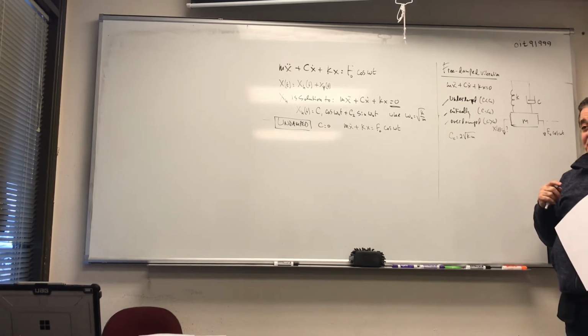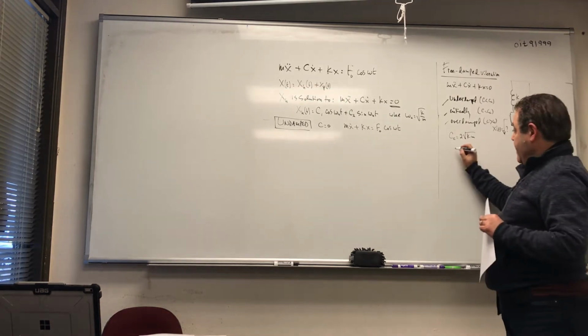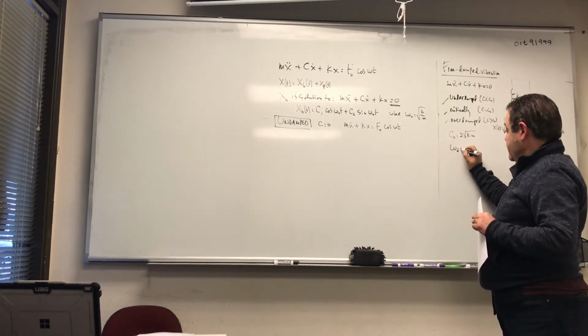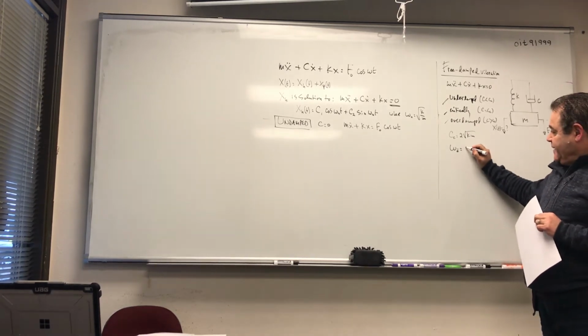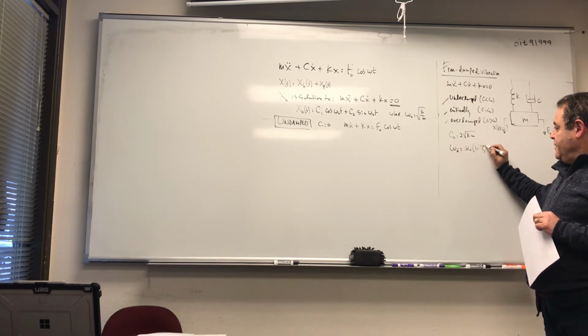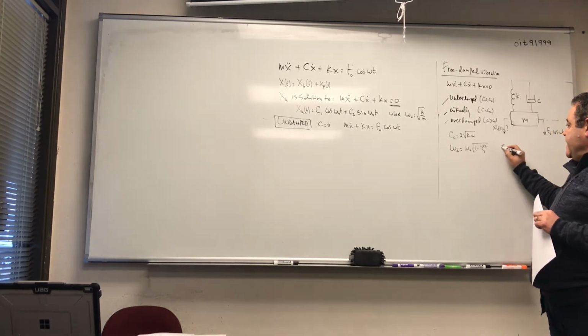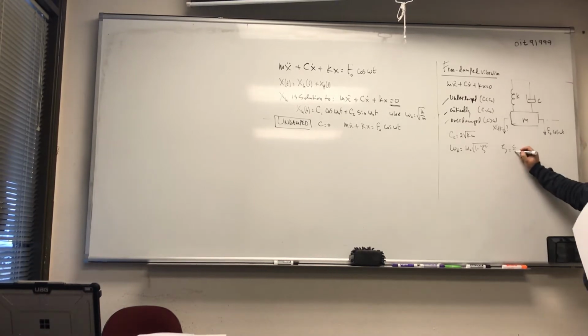The omega D, exactly. That's the damped frequency, and omega D is equal to the square root of 1 minus zeta squared times omega n. Where zeta is what? C over CC. There you go.